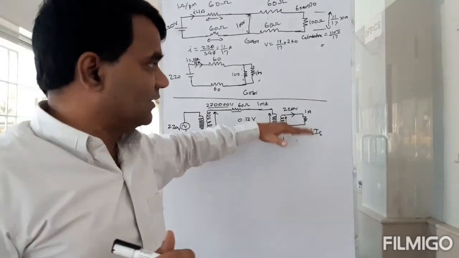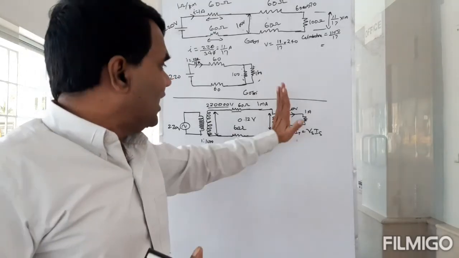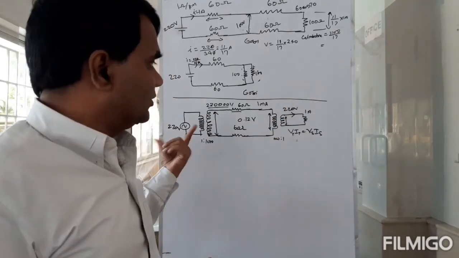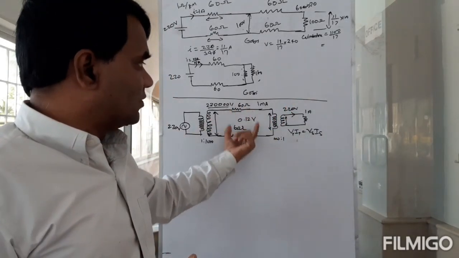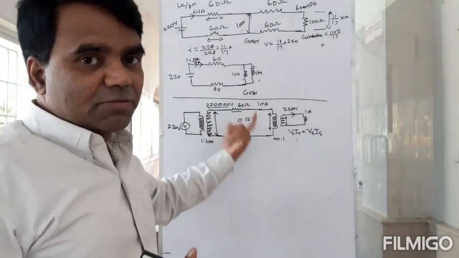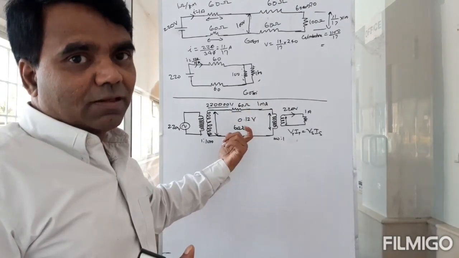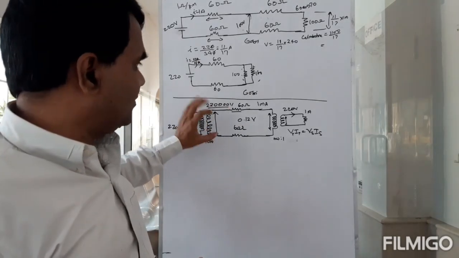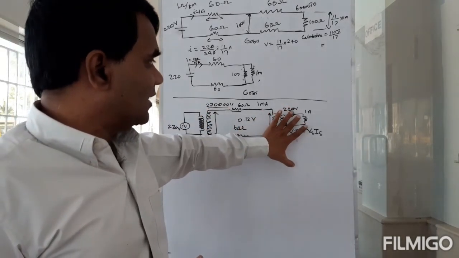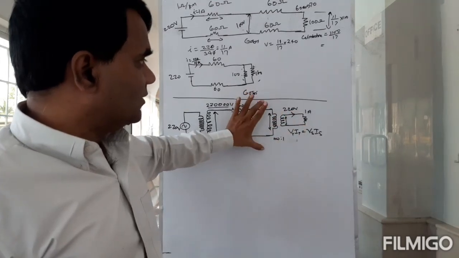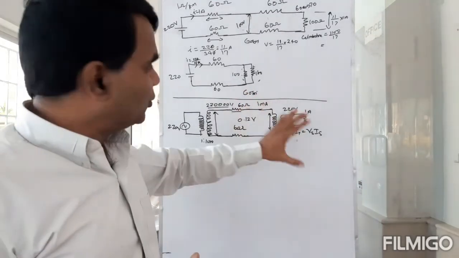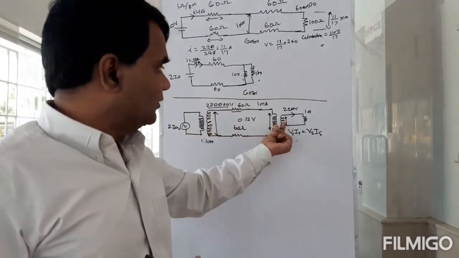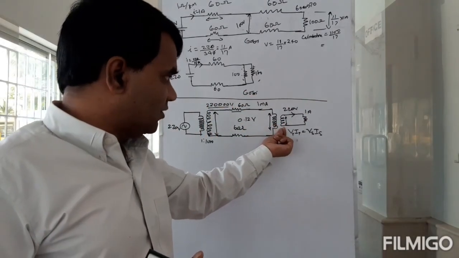Whatever rating your instruments have, I can maintain that voltage using transformers because I can control the power loss in transmission by appropriately stepping it up. If it steps up, then the current it draws will be proportionately reduced using this step down transformer.